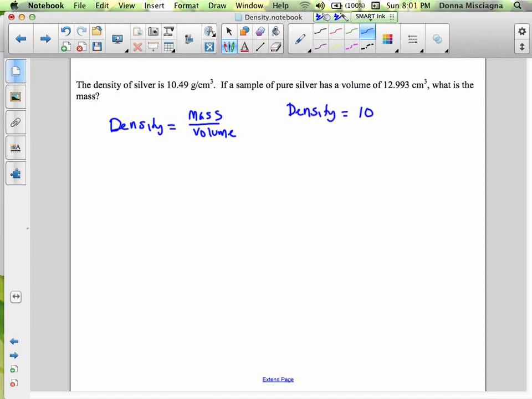It's 10.49 grams per centimeter cubed. And we know the volume. That's 12.993 centimeters cubed. So the density and the volume we know, and the mass is what we're looking for.